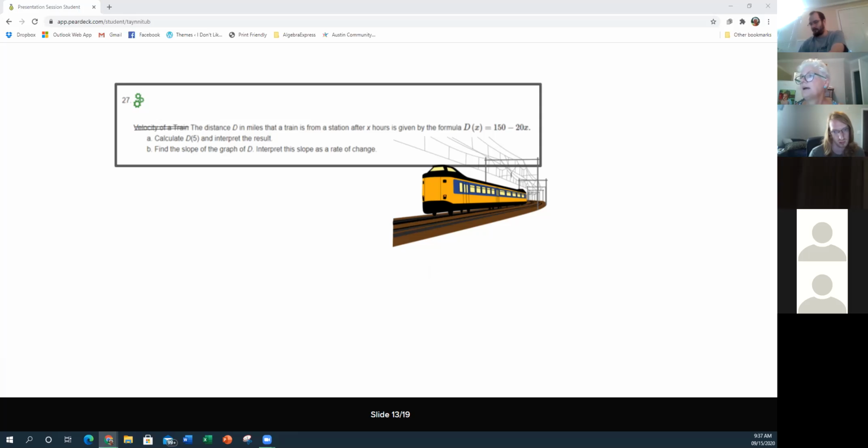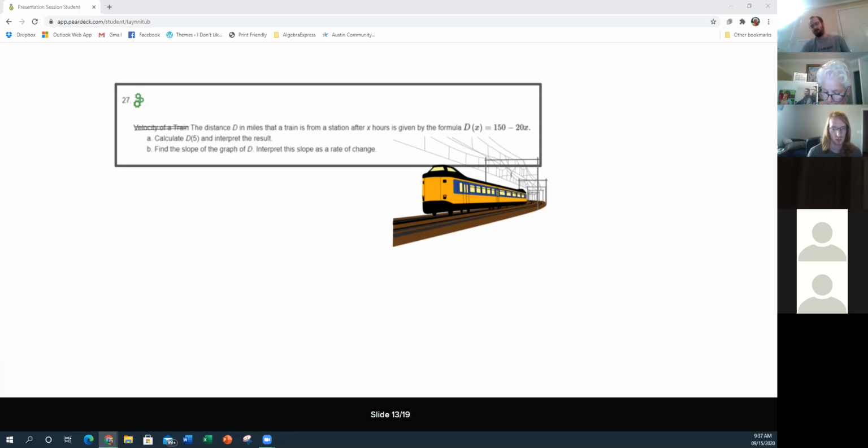The distance d in miles that a train is from a station after X hours is given by the formula d of X equals 150 minus 20X. Before we do anything with this problem, let's talk about what this means.